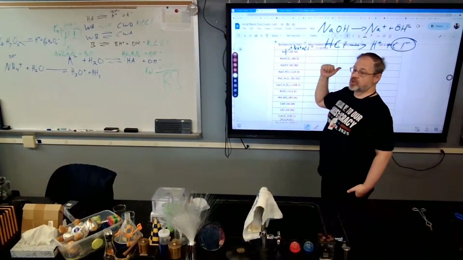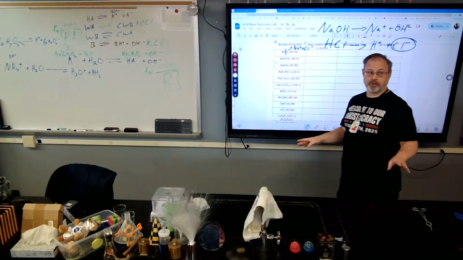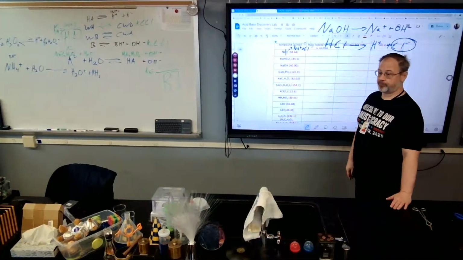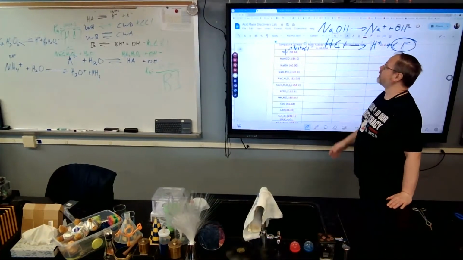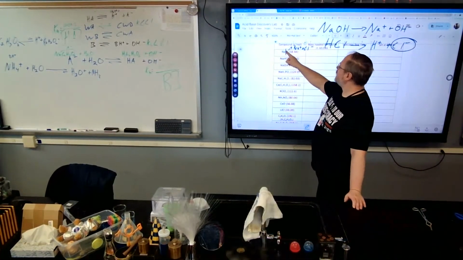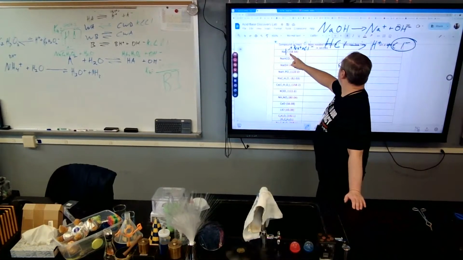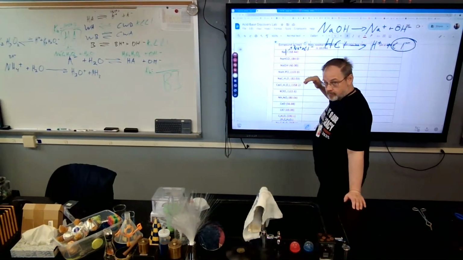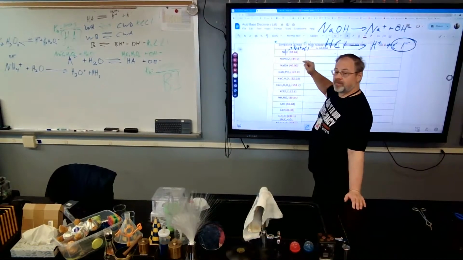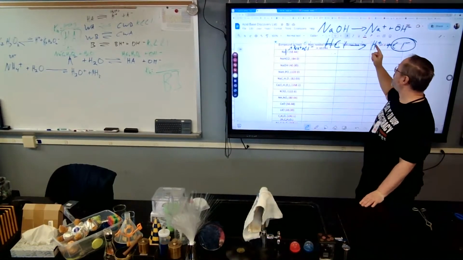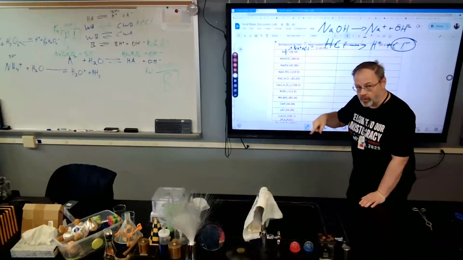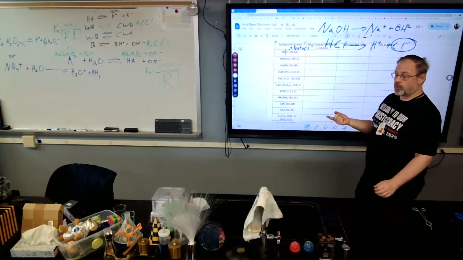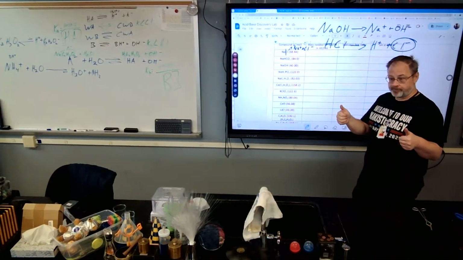Strongs go one direction, they dissociate, and that's it. You cannot reform a strong acid or reform a strong base. So you split it in half and say, all right, sodium is the conjugate of a strong base, therefore a neutral ion. Chlorine is a conjugate of a strong acid, therefore a neutral ion. If you are comfortable with this idea, give me a thumbs up.